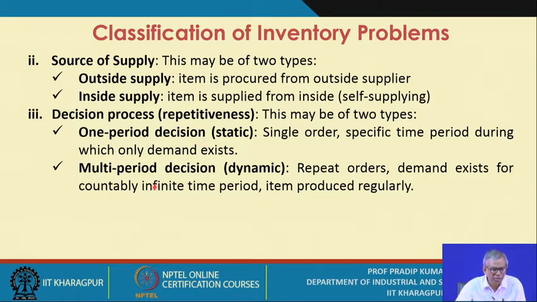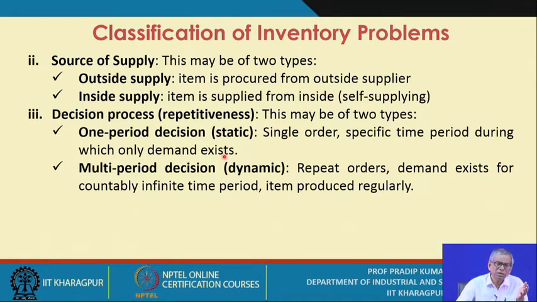Specific time period during which the demand exists. Just for 1 week, or each day a particular newspaper is sold in specific quantity. So the next day you place a different order quantity. So it varies. So obviously it's a one period decision. So this type of problem is referred to as a static inventory problem.